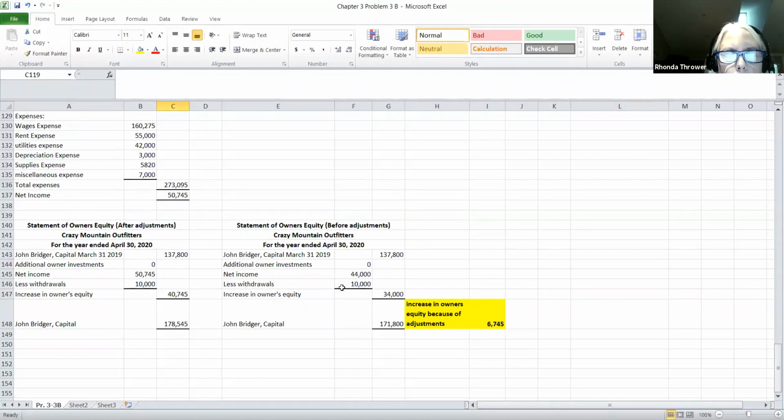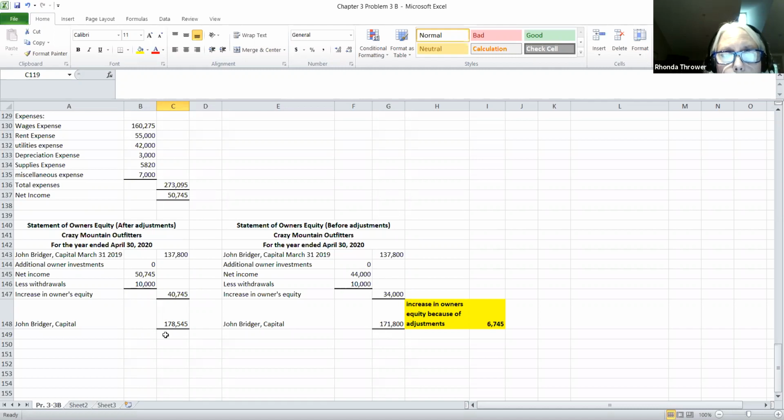The withdrawals were the same, so the increase in owner's equity would be $34,000 before adjustments, which is wrong. The increase in owner's equity would be added to your capital balance to get your ending capital, which is wrong because this is before adjustments.